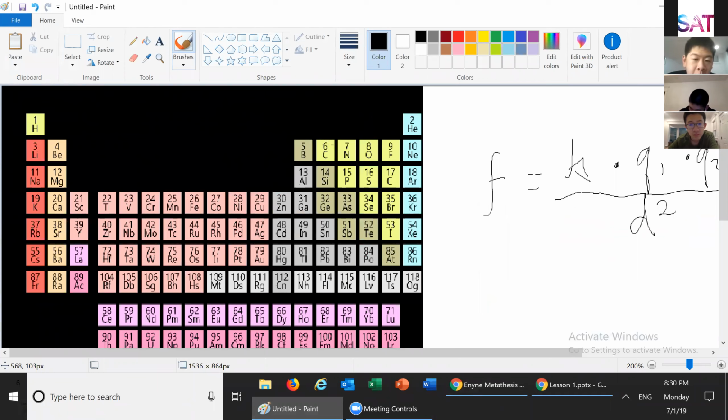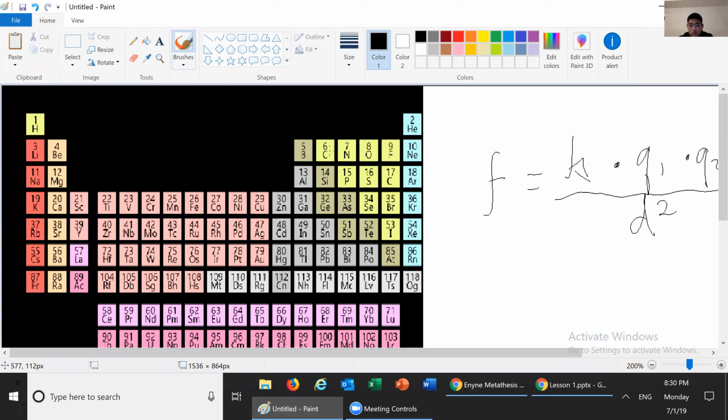The little number on top of the element symbol is what we call the atomic number, and it describes how many protons are in the nucleus of that element, right? So during chemical transformations, since the element remains the same, the number of protons will also remain the same.